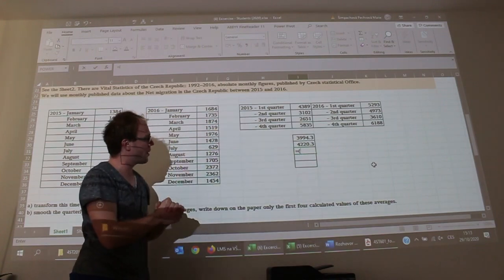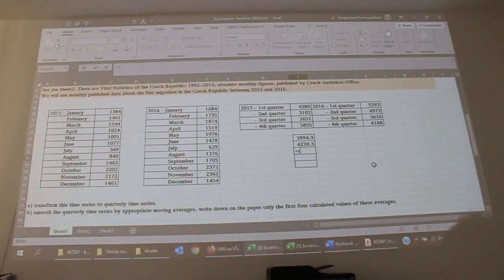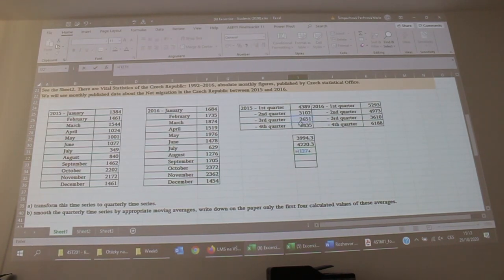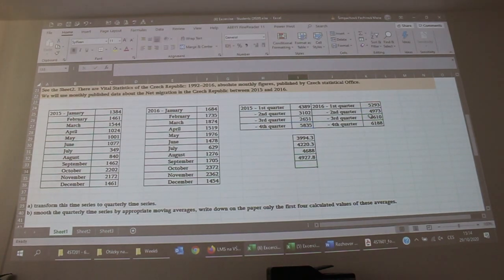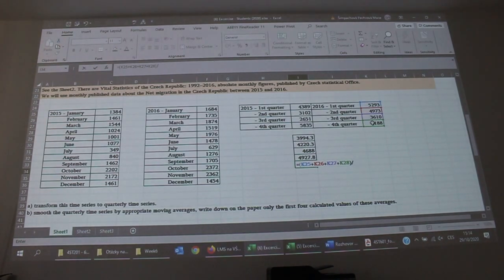We are moving through the time series. So continue: this value plus this value plus this value plus this value, close, divided by 4. And I will continue. Equal sign, open the parenthesis: fourth quarter plus first quarter plus second quarter plus third quarter, divided by 4. And equal sign, open parenthesis, first quarter plus second quarter plus third quarter plus fourth quarter, close, divided by 4. Enter. Okay.